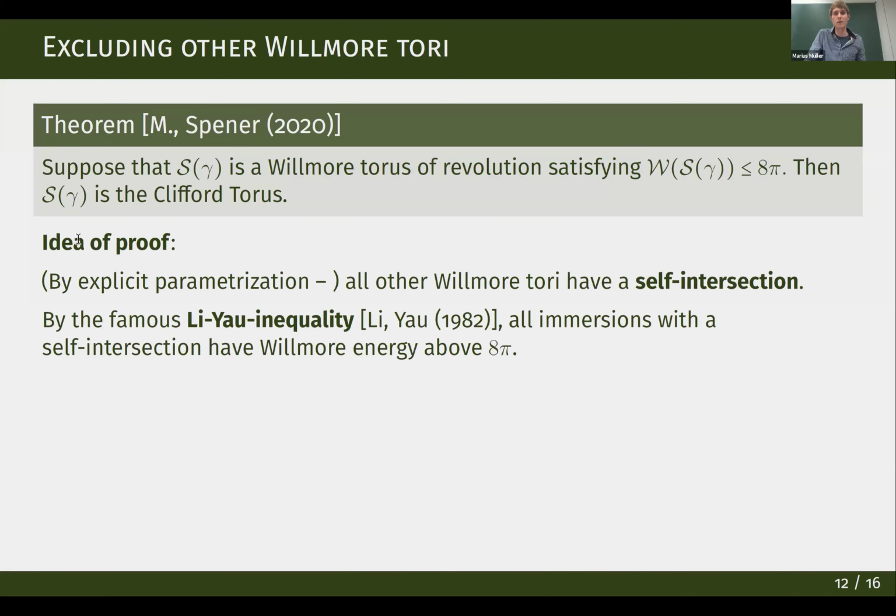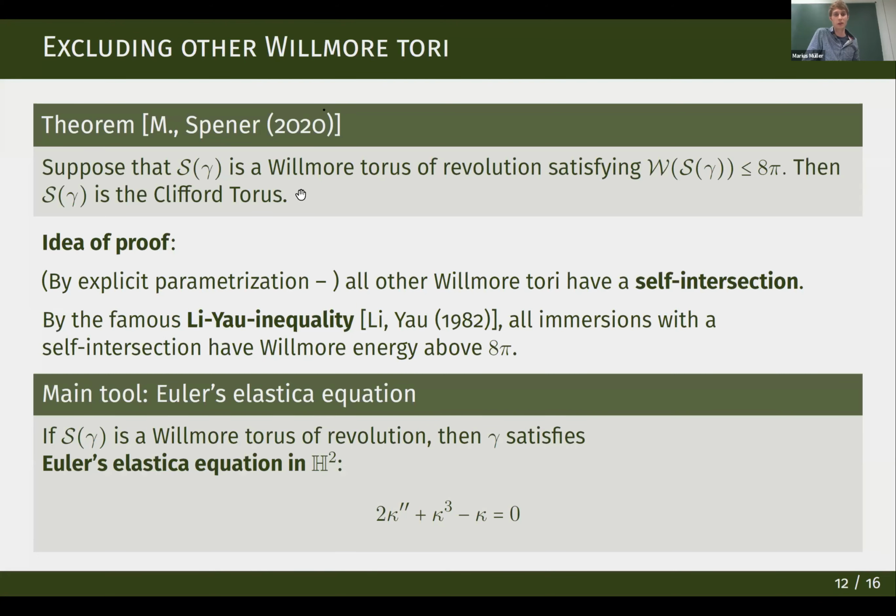And there is a famous Li-Yau inequality that says that all surfaces that have a self-intersection will have Willmore energy of 8 pi or above. Actually, there is a slight struggle with the equality case here, but this also works out. Yeah, we will be able to prove the theorem for less or equal to 8 pi. Then you have the Clifford torus.